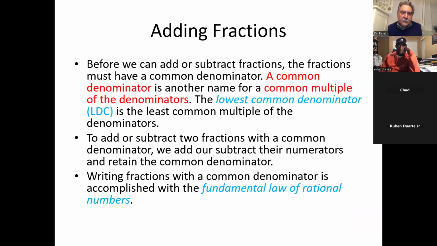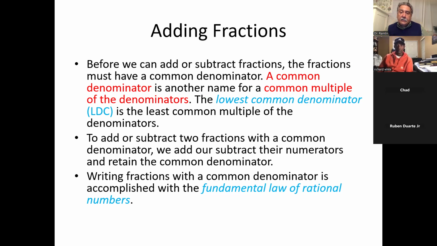Adding fractions. Again, when you want to add fractions, remember those things we talked about: the common denominator and common multiple of denominators come in handy. We want to find the lowest common denominator.